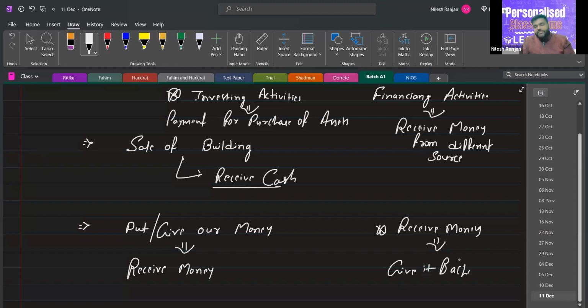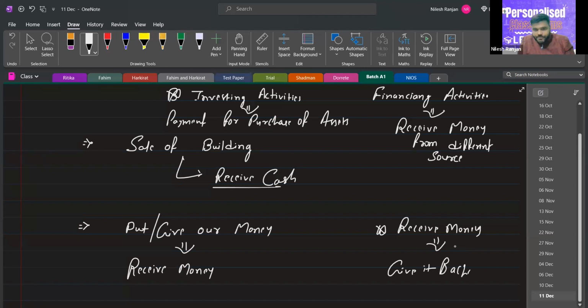In financing activities, if you sell your own shares or debentures, you will receive money, or you will take a loan from the bank. In all of these cases, you receive money first, and after that you have to pay back the debenture, pay back the loan, or pay interest. So these are financing activities.